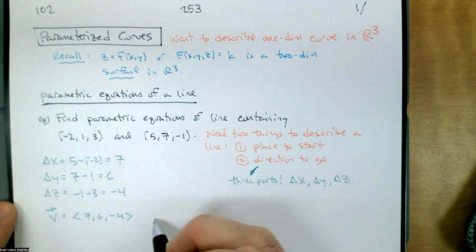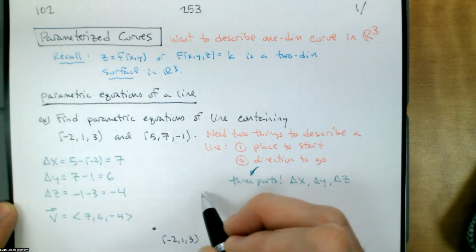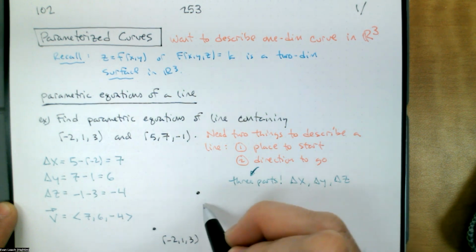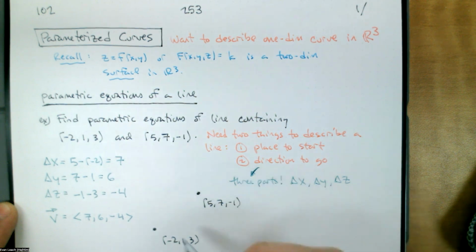This will take us from the point -2, 1, 3 to the point 5, 7, -1.